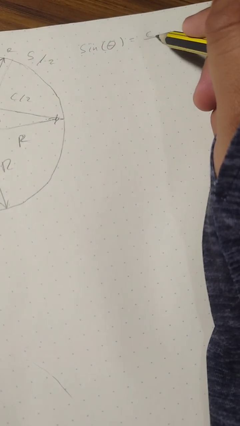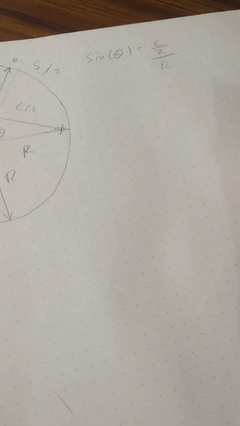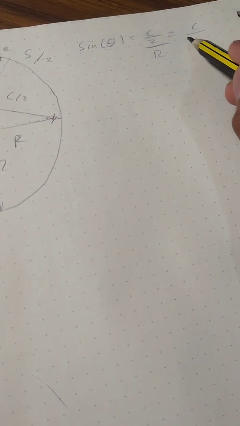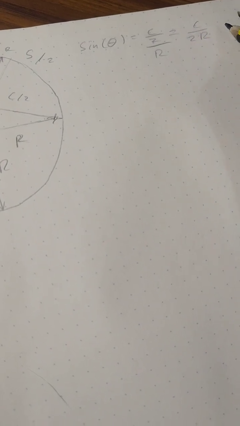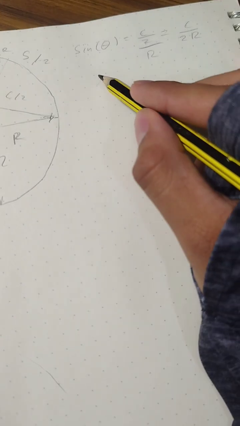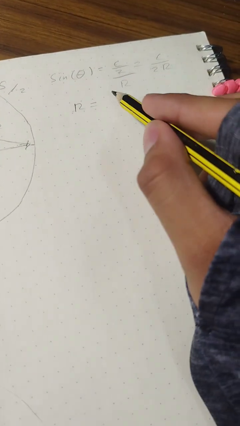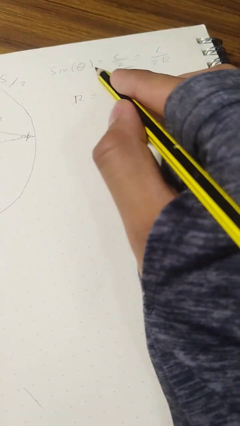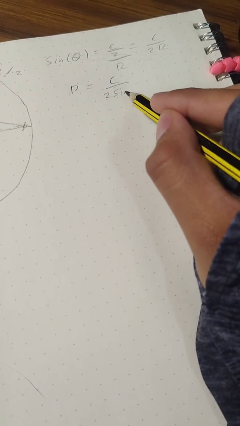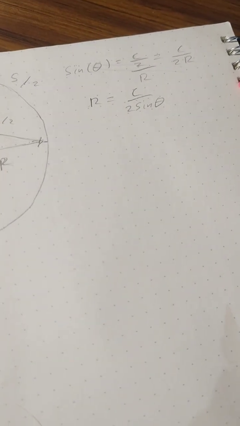So opposite c/2 over r, which is the hypotenuse. Simplifying, we get c/2r. Then let's try solving for r, because that's what we want to calculate. So we solve for r, and it's c over 2 sine of theta. Okay, so we got one expression for it.